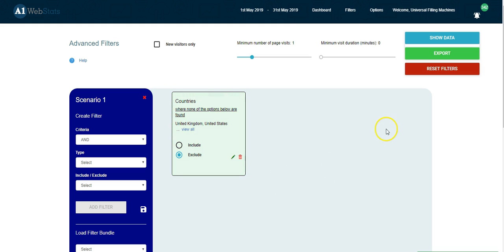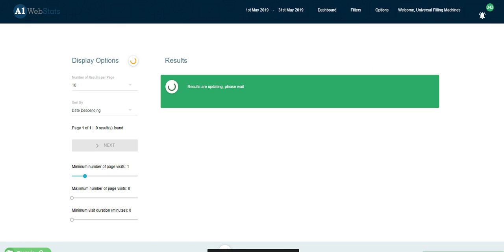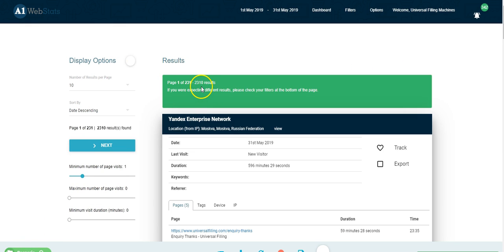When we click on Show Data, it's going to show us how many visitors there were during the full month that weren't from those locations. As you can see here, 2,310 of the visitors in that month were from other locations around the world.